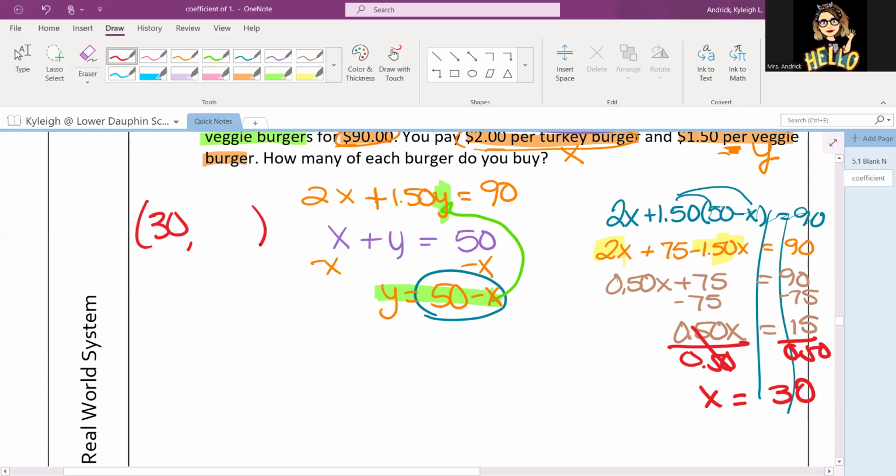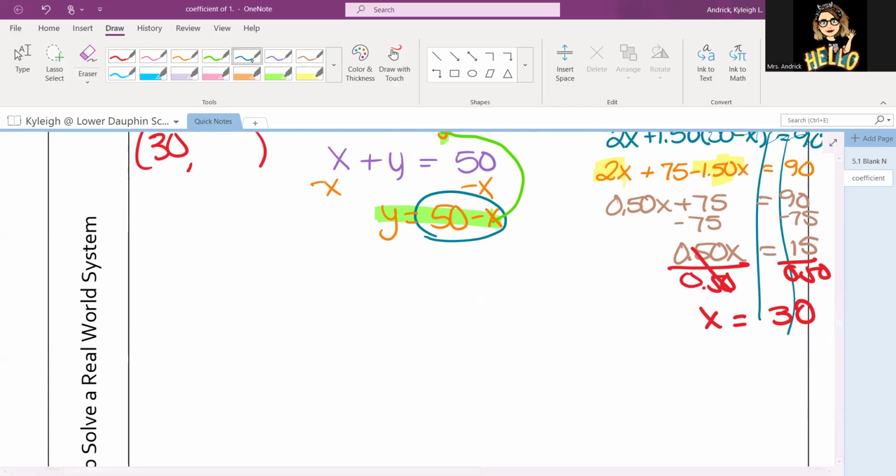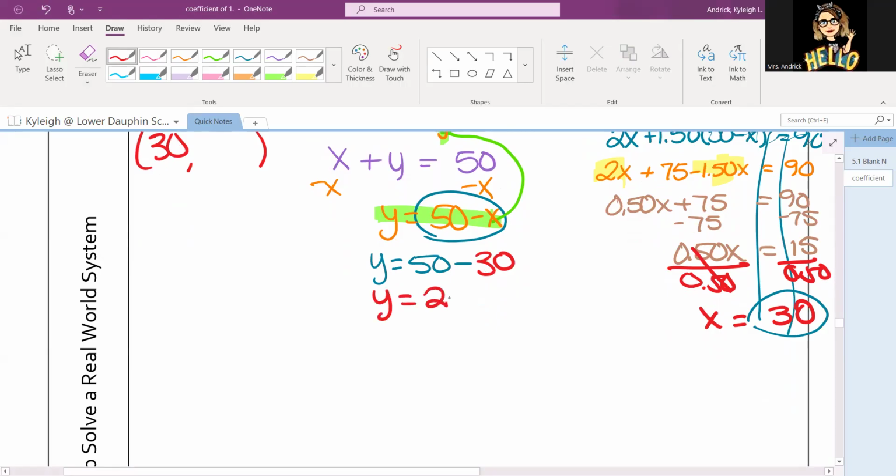Now we have to find y. Well, y is 50 minus x. So we're going to take our x and plug it in. So 50 minus 30. So y equals 20. Now we're going to put it into words, because we always have to have a sentence, remember?